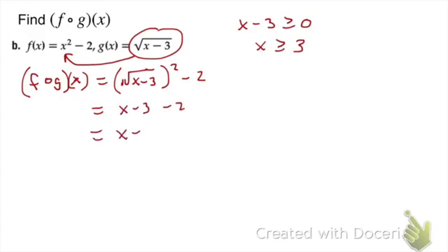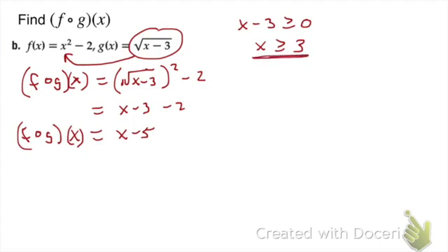This is x minus 5. So now we have the f of g of x is x minus 5. When you look at this function, it doesn't look like there's any restrictions at all, right? Because we have nothing in the denominator, we have no radicals left. It just looks like a line function.